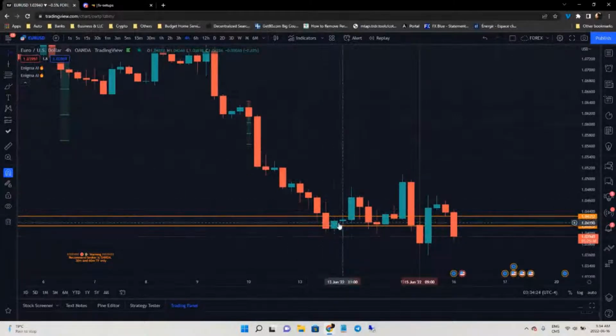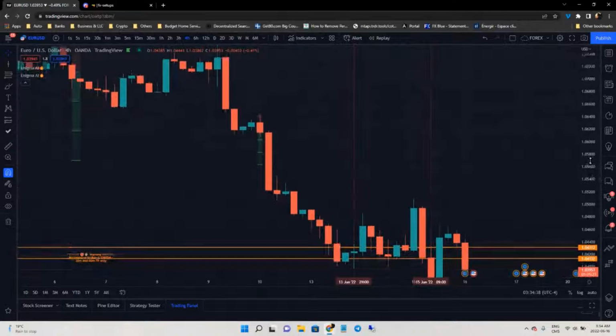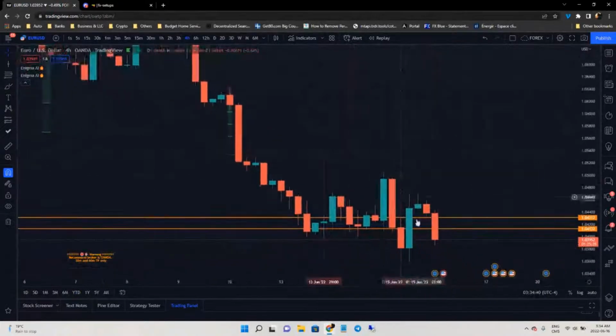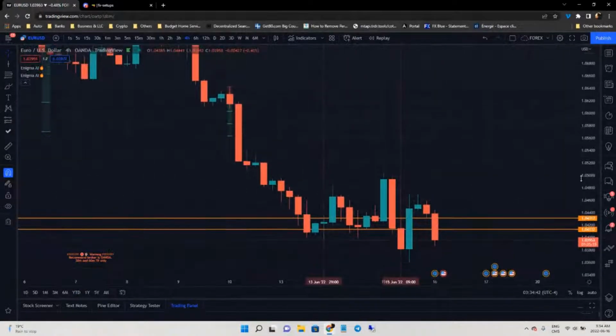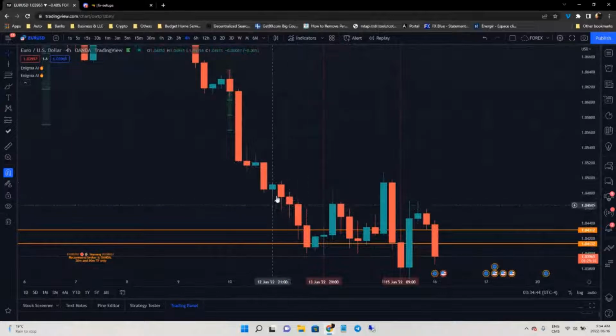So we're in a downtrend, and then the market reversed here, started to reverse. Now you want to know exactly where the market is trying to go.